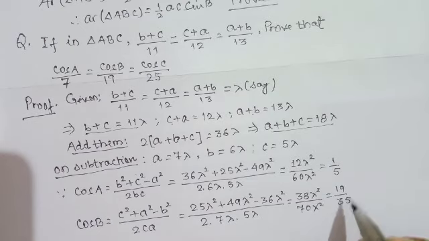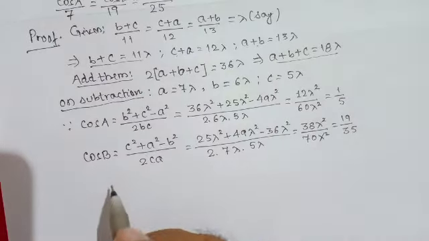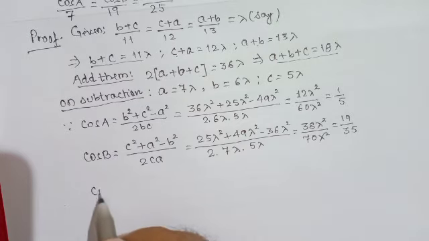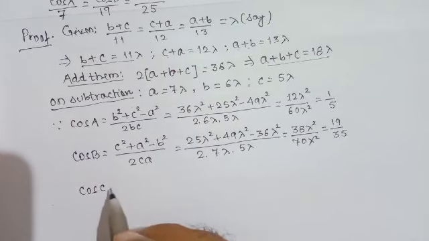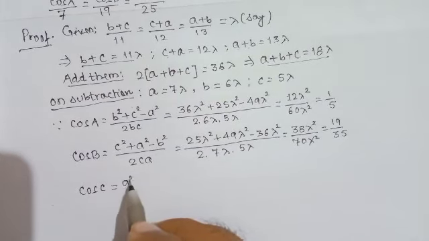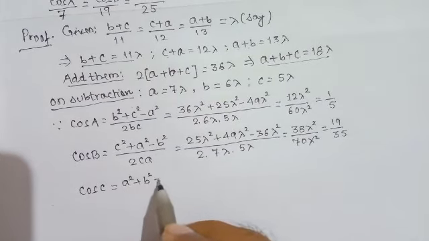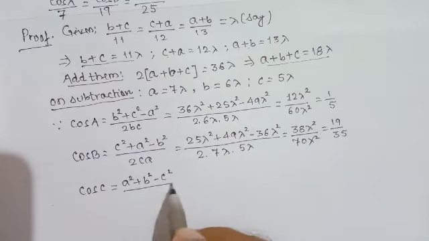Now no cancellation. And finally calculate cos C. Cos C is now A square plus B square minus C square upon 2AB.